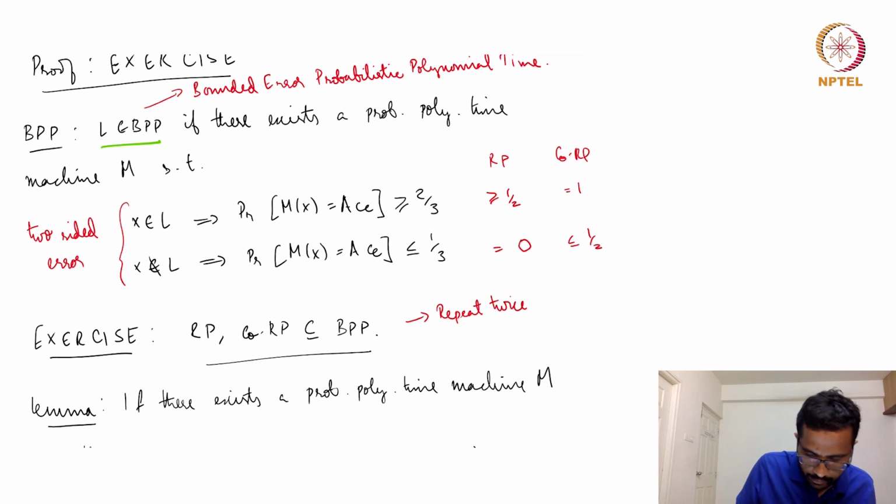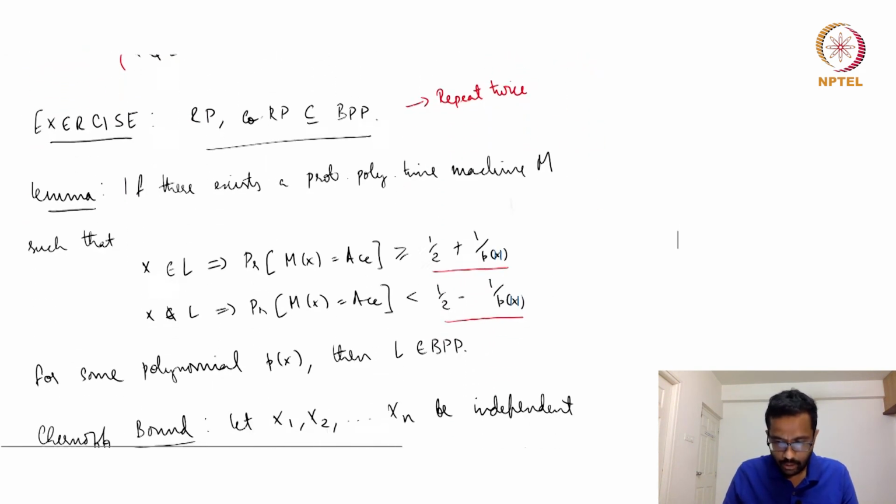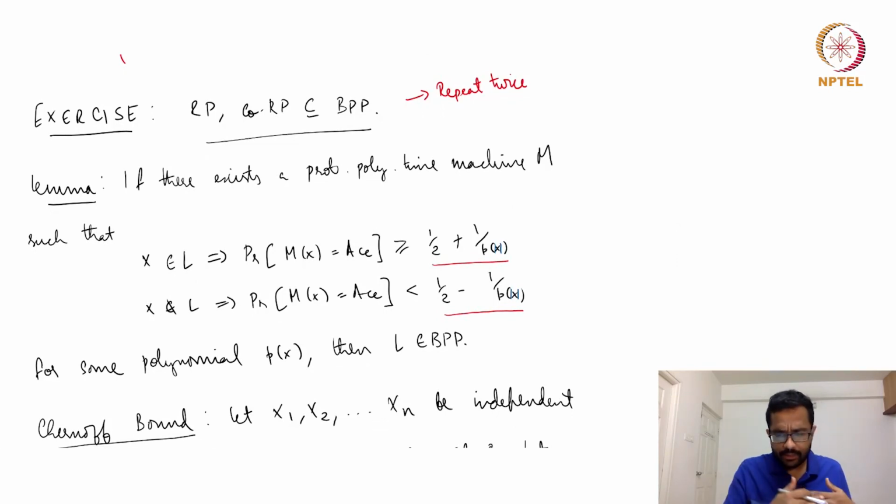The only thing that we really need is a gap between the acceptance probability in the case when x is in L and x is not in L. Even though we write 2/3, 1/3, it could be 3/4, 1/4, or 9/10, 1/10. And we saw that the gap could be brought as close as half plus inverse polynomial and half minus inverse polynomial, just leaving an inverse polynomial gap.